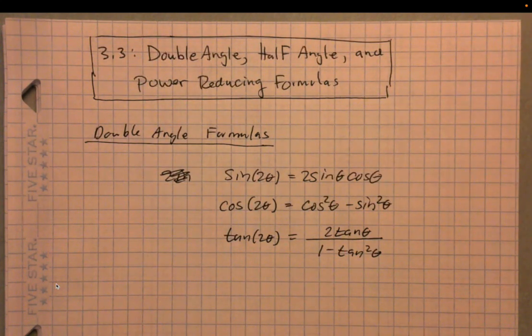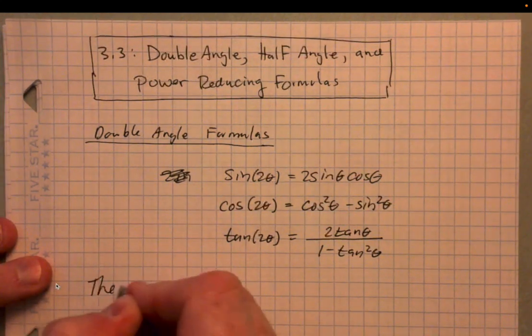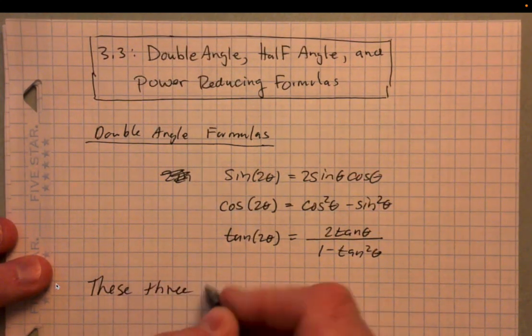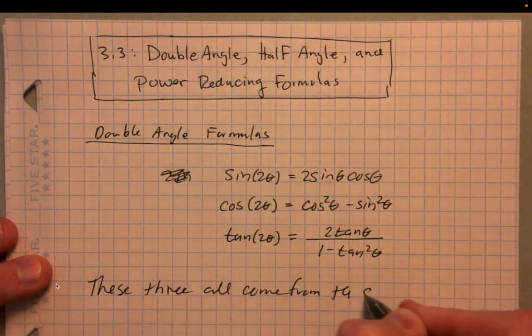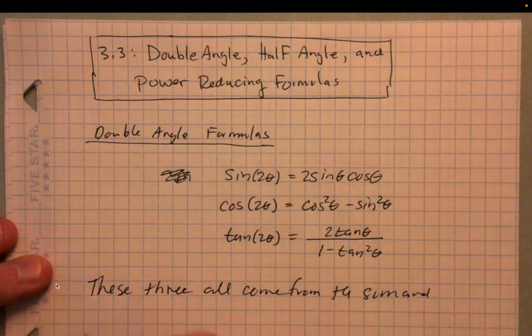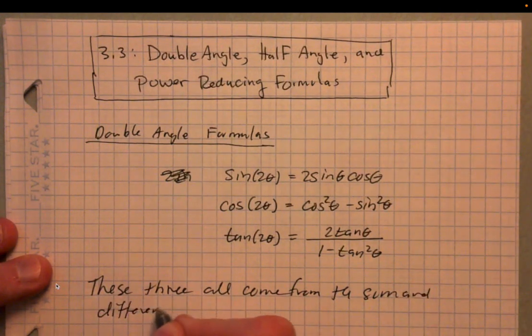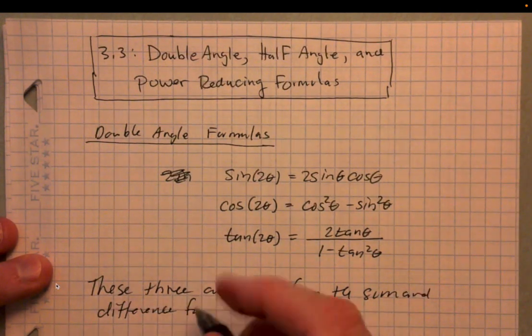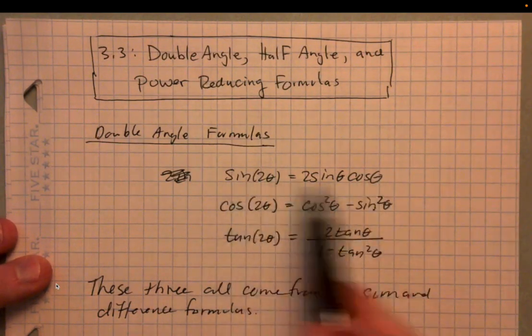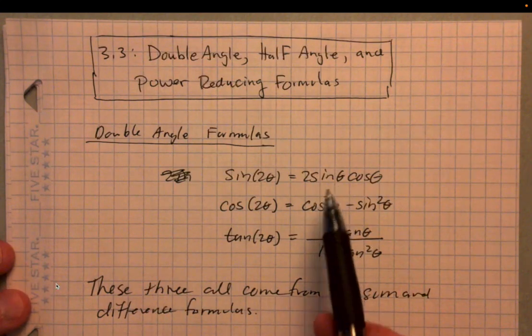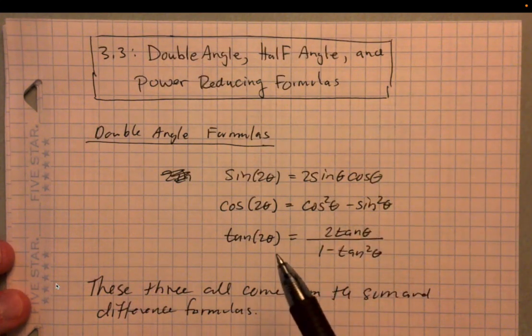These formulas are all derived from the sum and difference formulas. The sine of 2 theta comes from the sum and difference formula for the sine function.